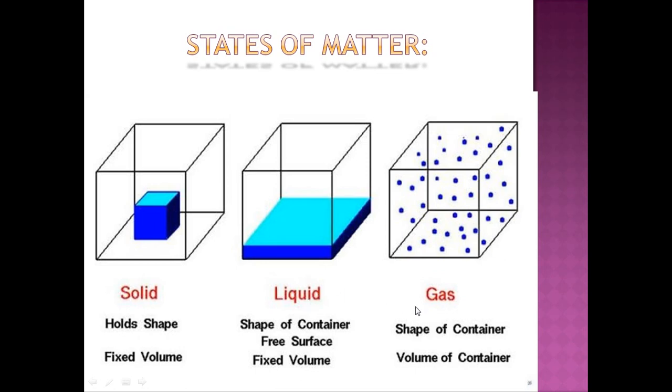So gas and liquid are called fluids. What about the volume? If I have a balloon filled with oxygen or filled with air, you can press it easily, right? So its volume will change by pressing on the gas.